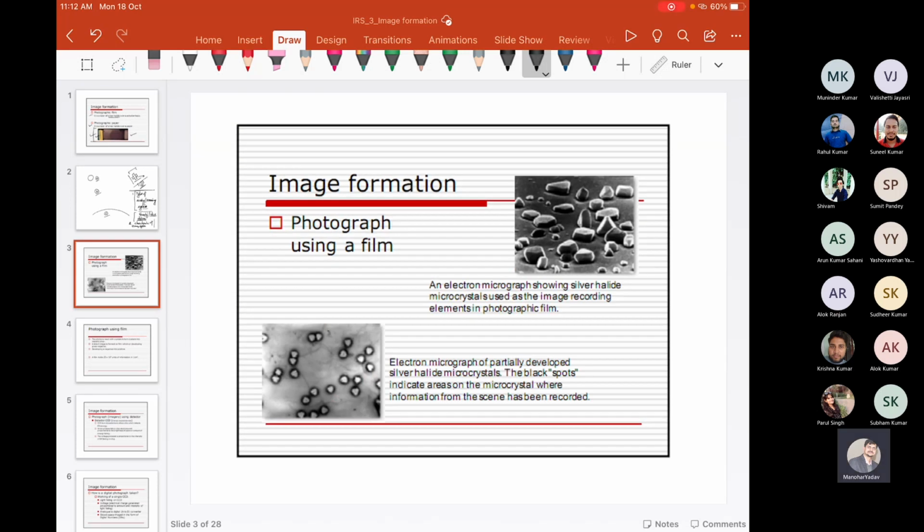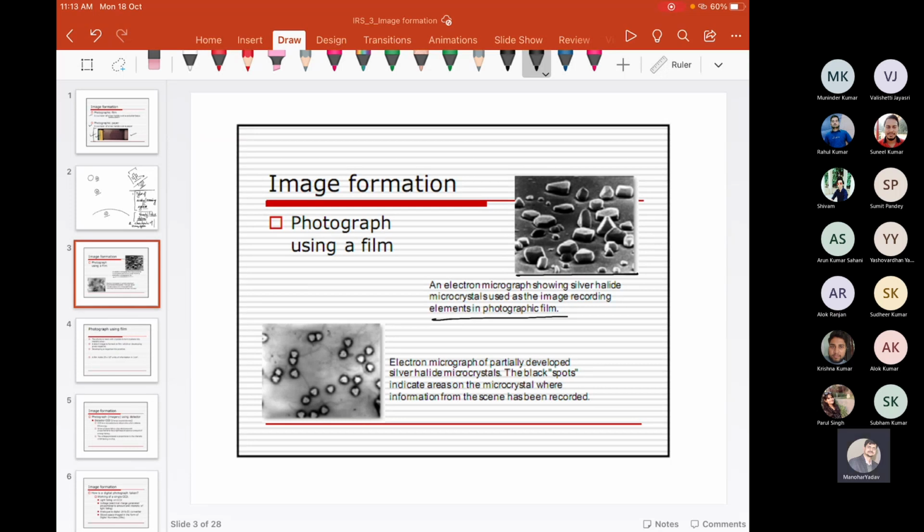You see in this figure, in the first figure, it's an electron micrograph showing how the silver halide microcrystals are distributed over the photographic film. Okay? And this photographic film is used to record the images.